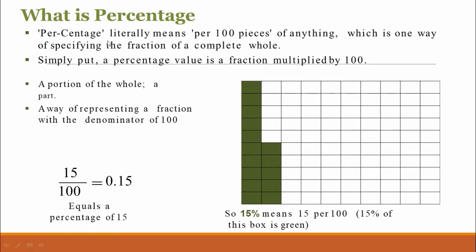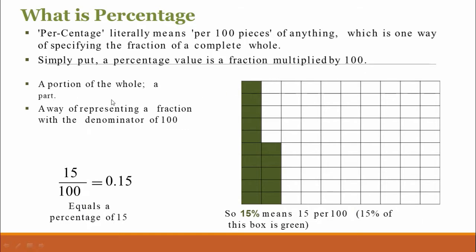Percentage literally means per 100 pieces of anything, which is one way of specifying the fraction of a complete whole. Simply put, a percentage value is a fraction multiplied by 100.